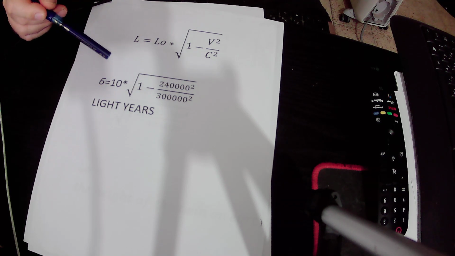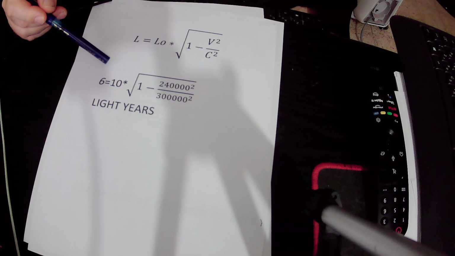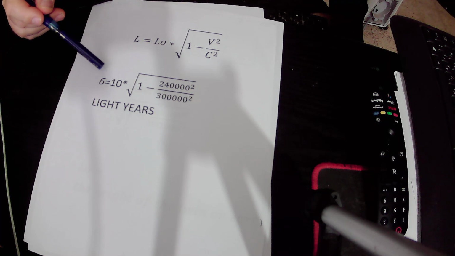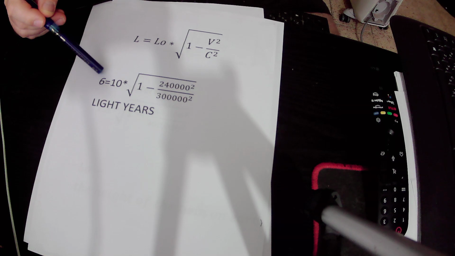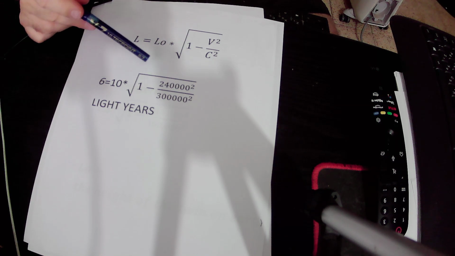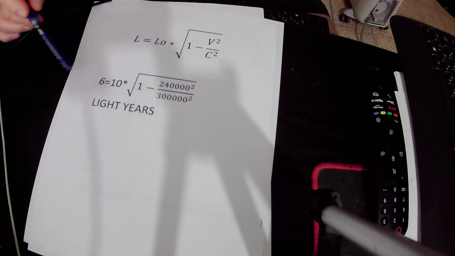So the distance between Earth and the star Epsilon has shrunk from 10 light years to 6 light years only, because the spaceship is moving at the speed of 240,000 kilometers per second. Okay?